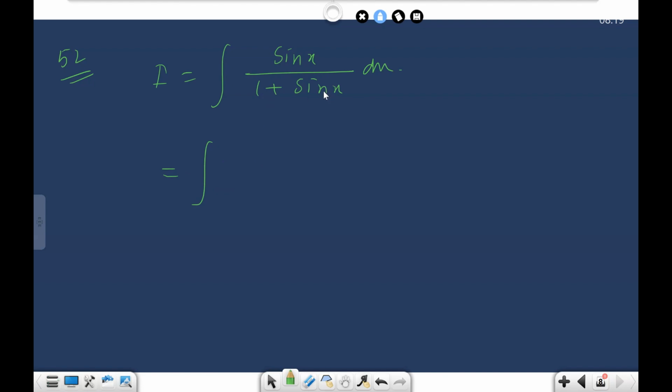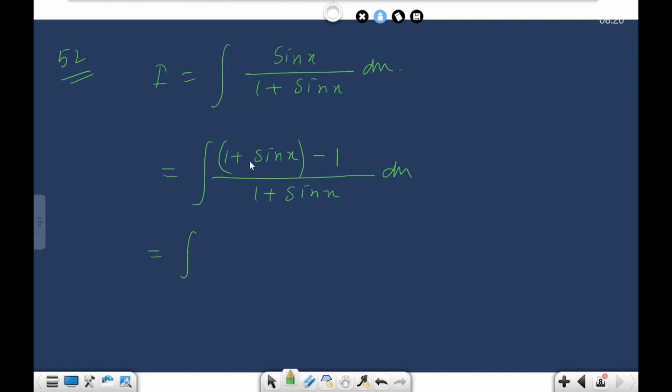Since the denominator is 1 plus sine x, I can write 1 plus sine x in the numerator such that the denominator can be cancelled. But it is only sine x, and I am writing 1 plus sine x. So for adjustment, you give a minus 1 here, and the denominator 1 plus sine x is already there, dx. So after this, you separate the integral.